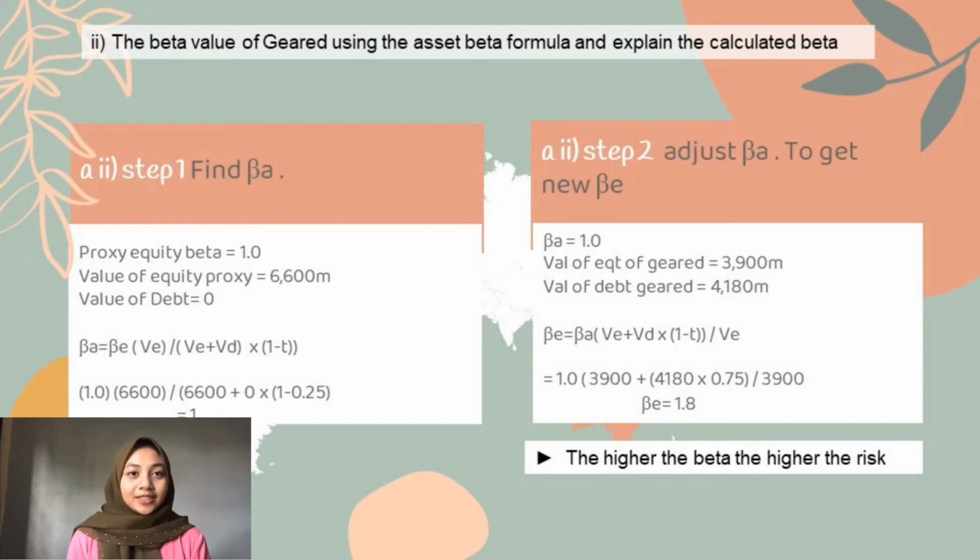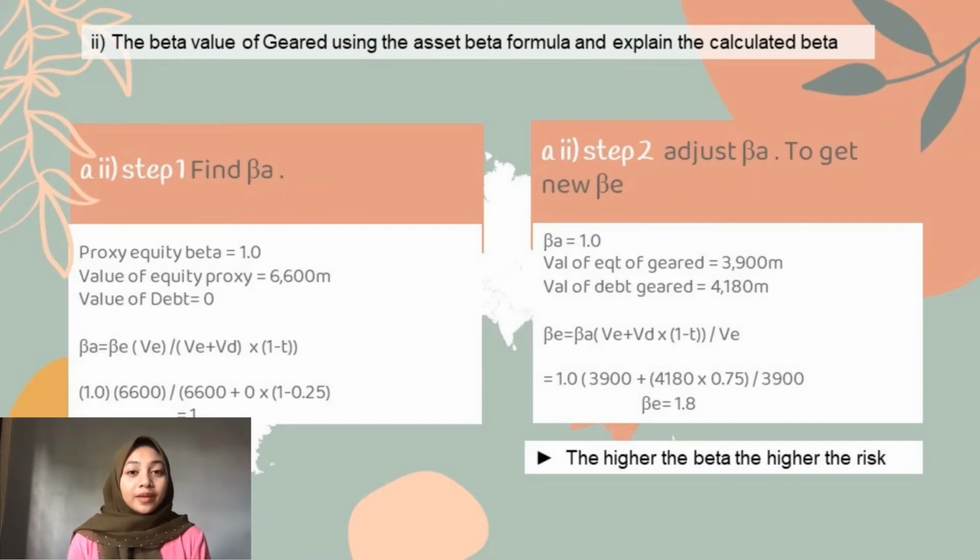Next is question 2A2. The question is the beta value of geared using the asset beta formula, and explain the calculated beta. First, we have to find the beta asset. From the question, we have the proxy equity beta, which is 1, the value of equity proxy is equal to 6.6 million, and the value of debt is equal to 0.